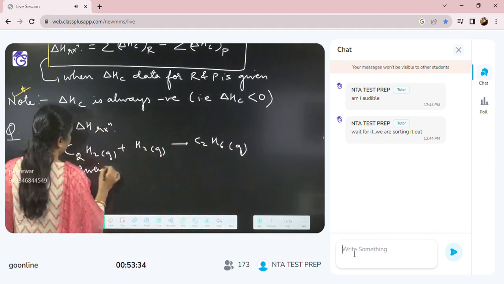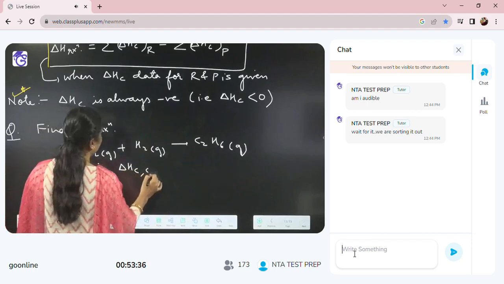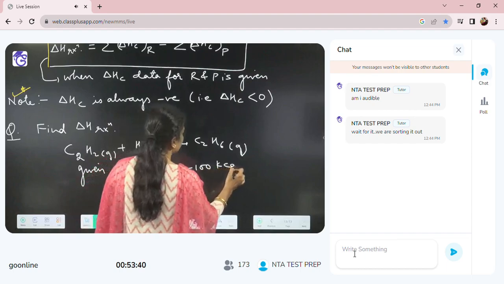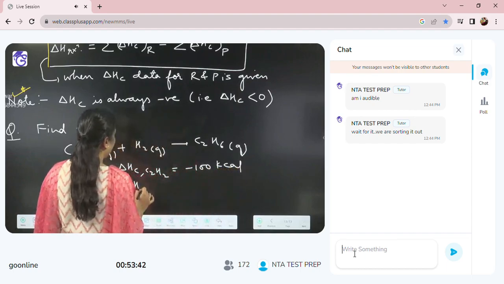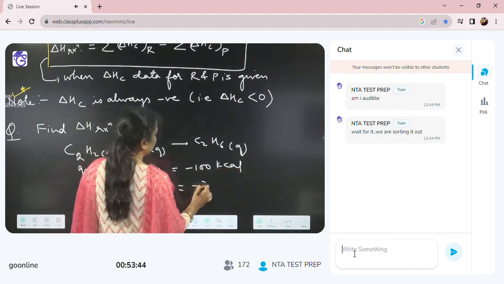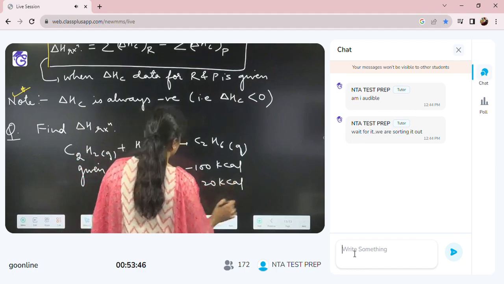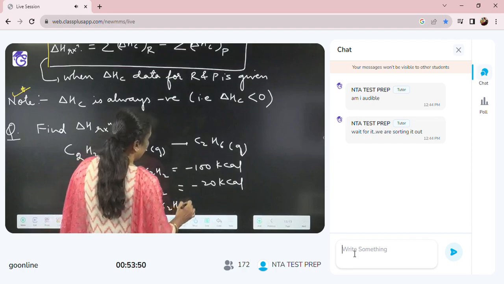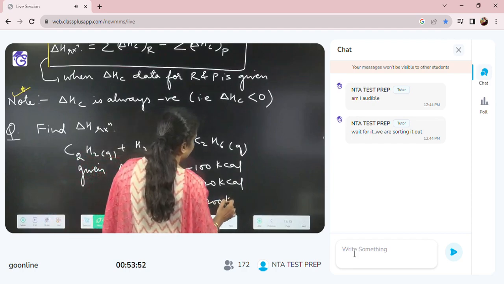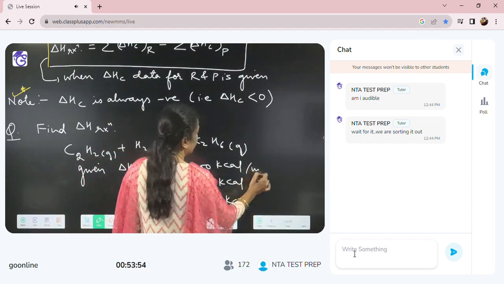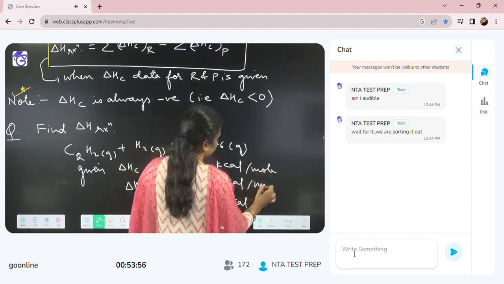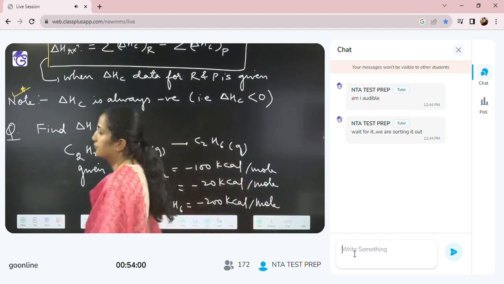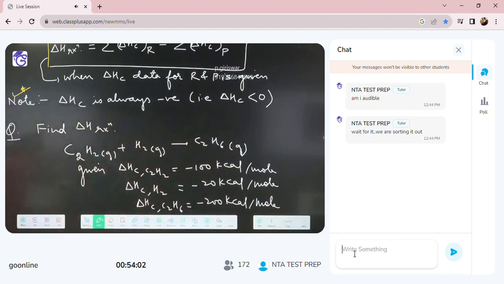Given the enthalpy of combustion for C2H2 is minus 100 kilocalorie, the enthalpy of combustion of hydrogen is minus 20 kilocalorie, and the enthalpy of combustion of C2H6 is minus 200 kilocalorie. Everything is per mole. Find it out.